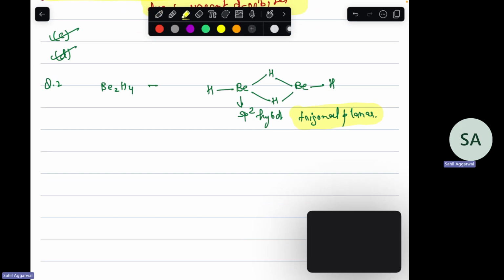Hydrogen does not have lone pair, so this bond will be banana bond, that is 3 center 2 electron bond. It will be a non-polar molecule.